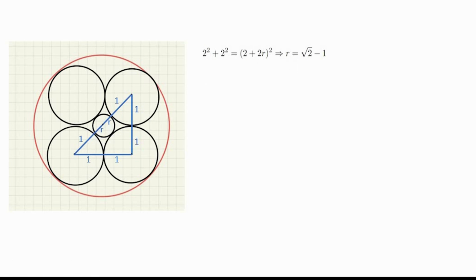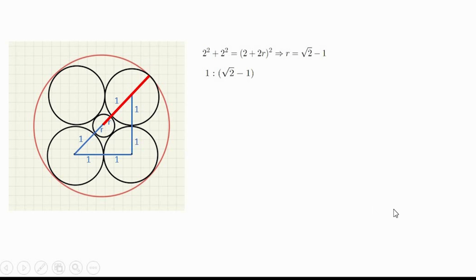And from there we get the radius of the smallest circle compared to the medium one. It's square root of 2 minus 1. So the ratio between radii is therefore 1 compared to square root of 2 minus 1. Now we have the radius of the largest circle is the sum of the diameter of the medium circle and the radius of the smaller circle, as you can see here in the red line.